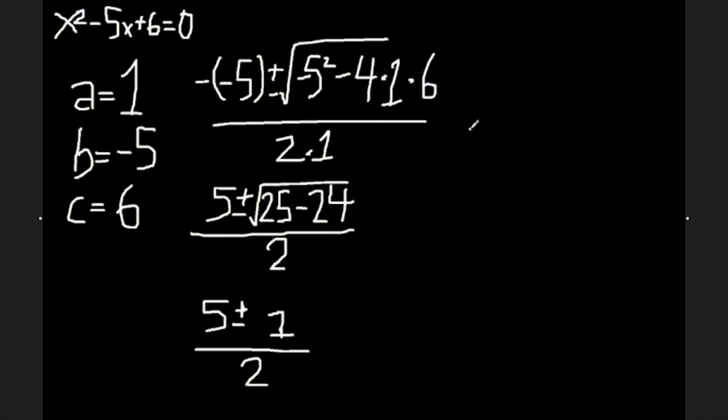So that's 5 plus 1 is equal to 6, while 5 minus 1 is equal to 4. So now we'll have to divide these two by 2.